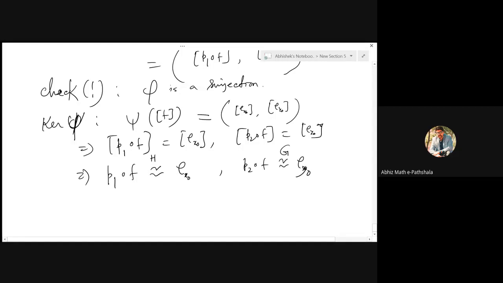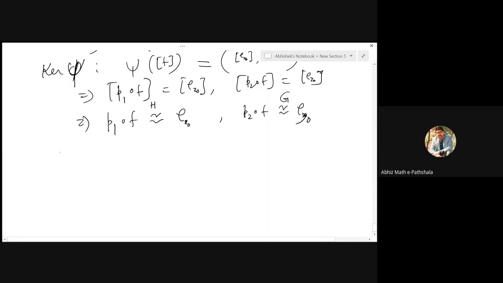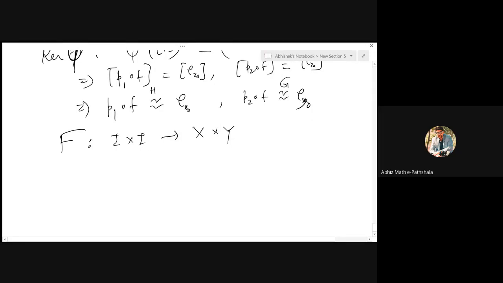Suppose the homotopy is G. And by using these two homotopies, you can actually define a homotopy from the unit square to the product space X cross Y between the map F and the constant map at X naught, Y naught.